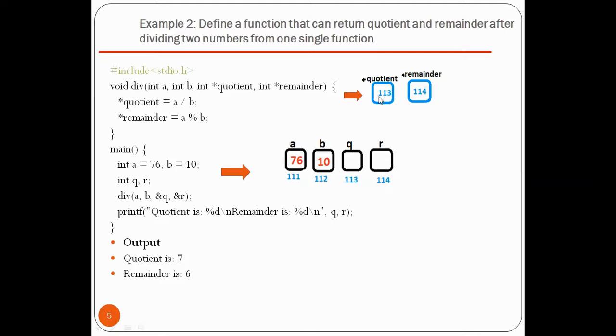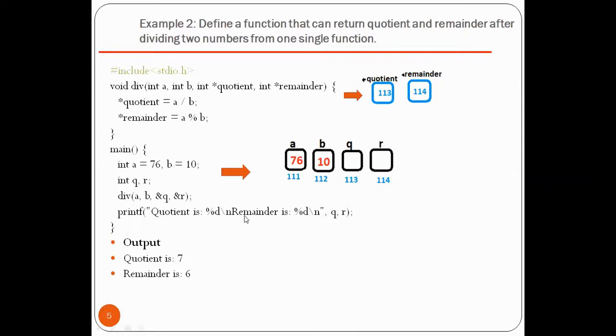As quotient is pointing to 113, it will go to that address and assign the value of A by B to this variable Q. And similarly, the pointer remainder will go to the location 114, and there it will assign the value of A remainder B, right? And after these curly brackets are closed, the command will go back to where the function was called.